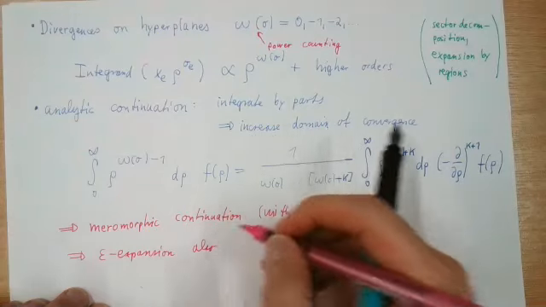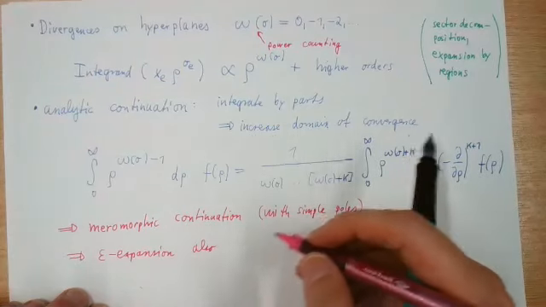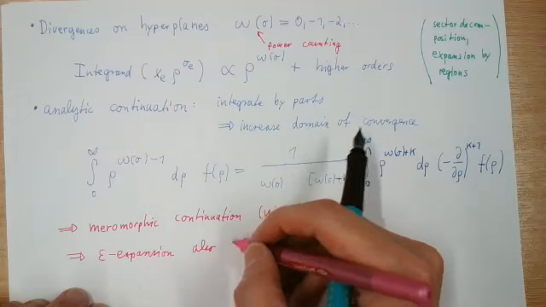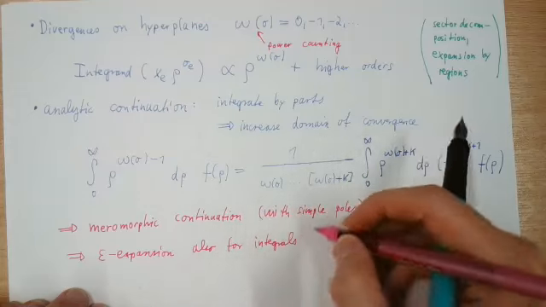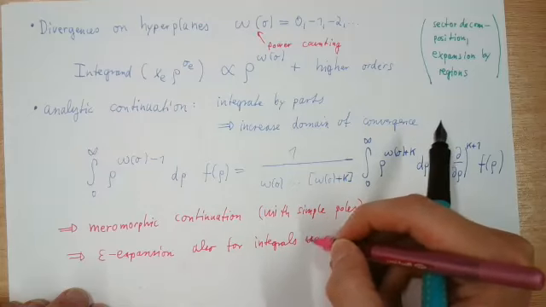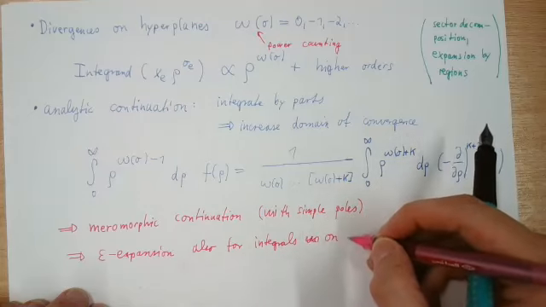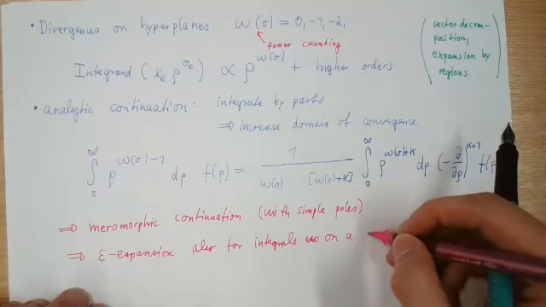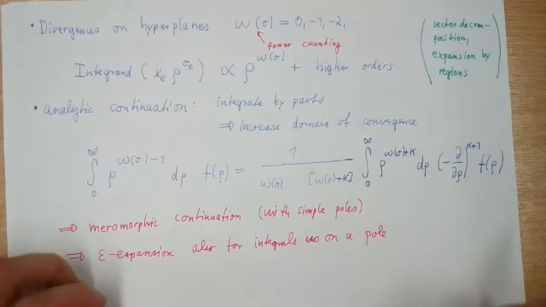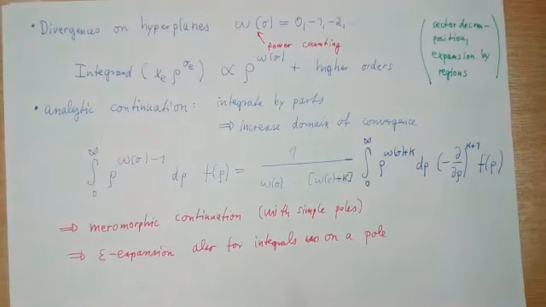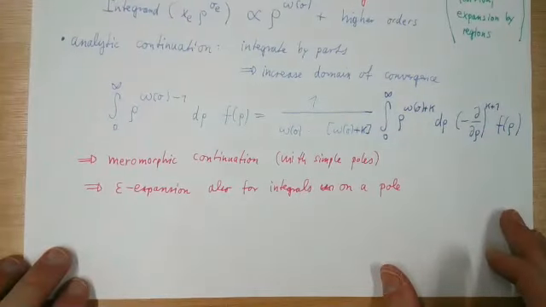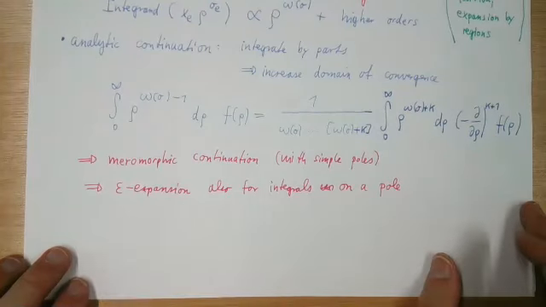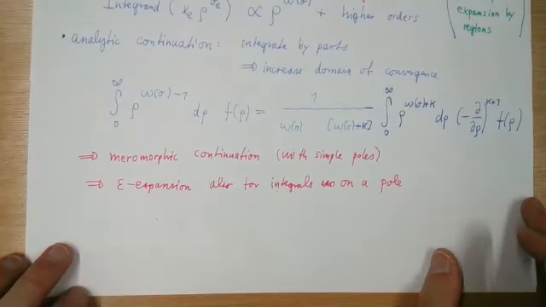So you can also write down formulas for the terms in the epsilon expansion, also for integrals on a pole. Okay, and then the final thing I mentioned at the end was that we now know where the epsilon expansion comes from, that it exists, and how to compute it.